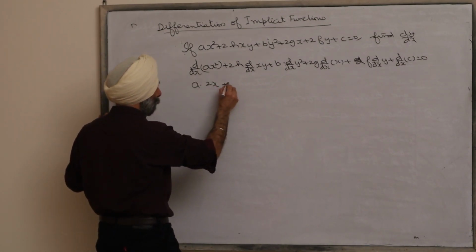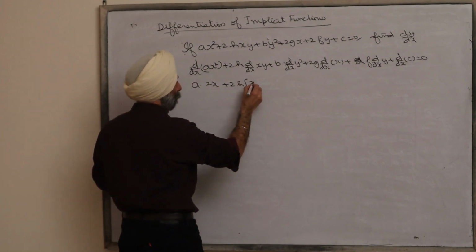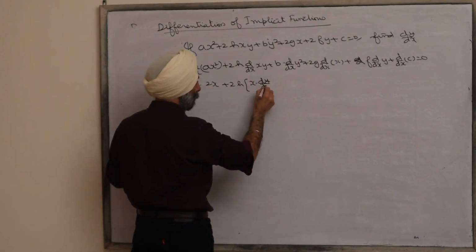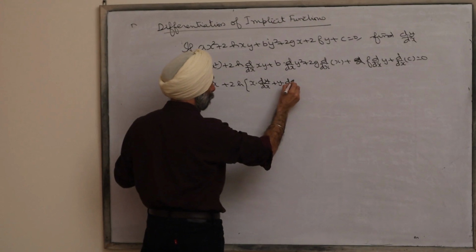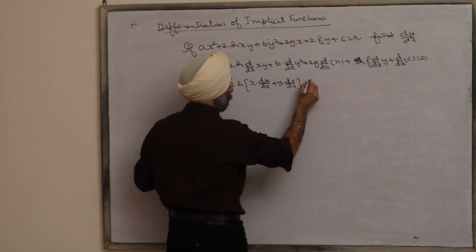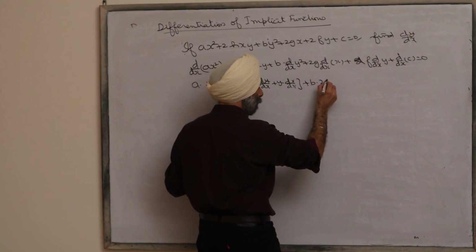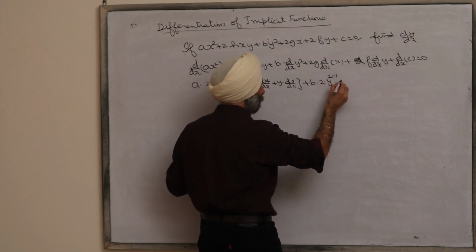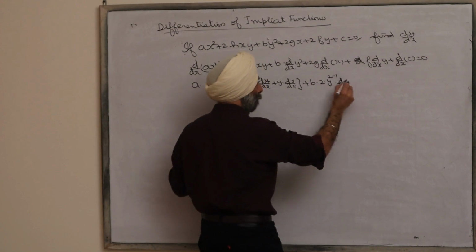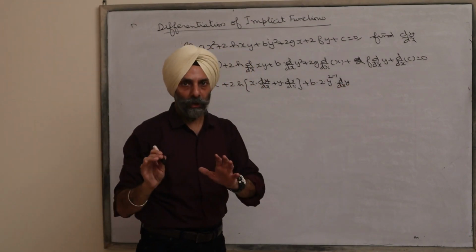So a into 2x plus 2h into, now first function into the differential of second function plus second function into the differential of first, plus b into, now how to differentiate this? It is 2 times y raised to 2 minus 1 into d over dx of y. So this is going to be the only difference here.